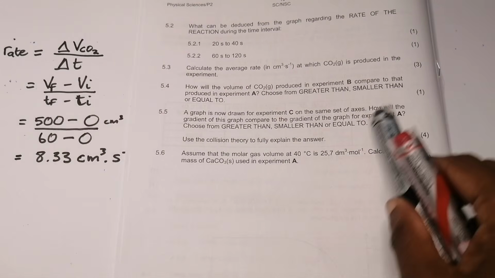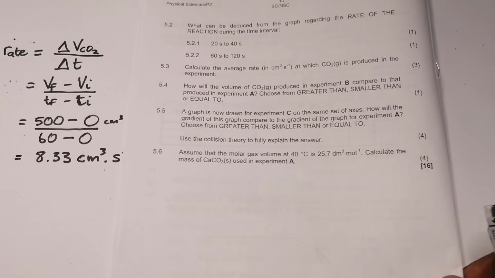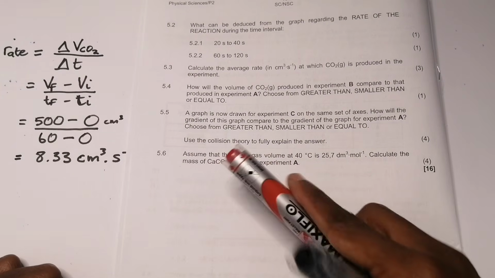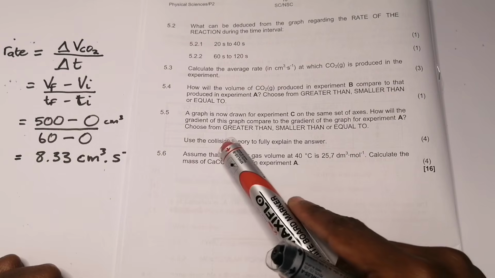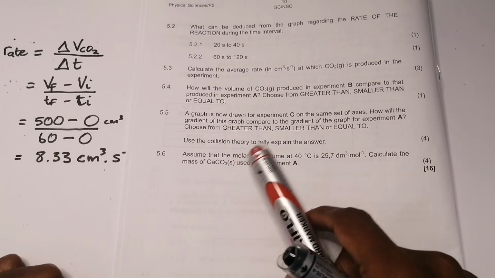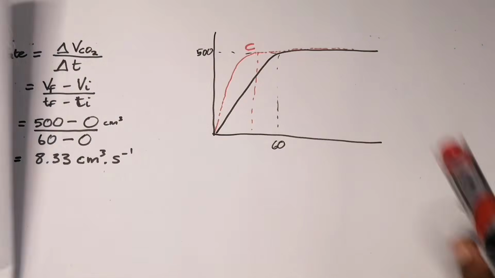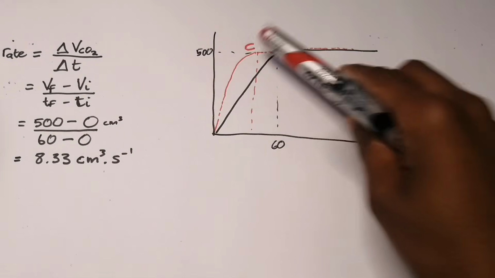So we did this one, we did this one. They said we should use the collision theory, rather, to fully explain. We said the gradient would be greater than, so we should now use the collision theory to explain why that is the case.